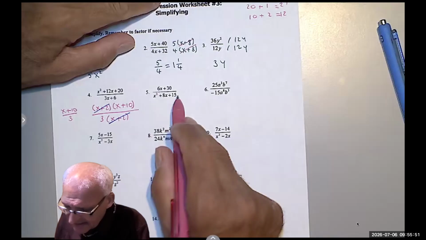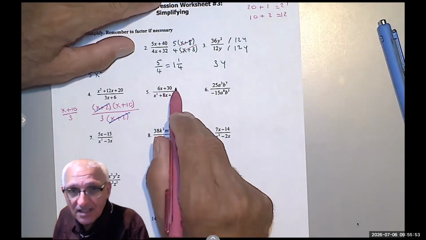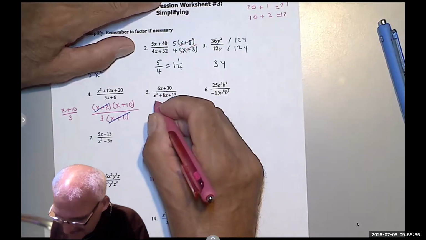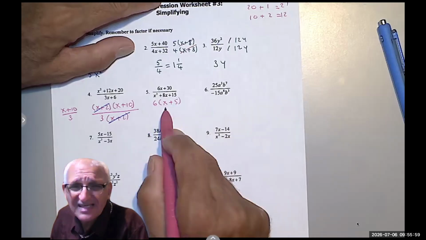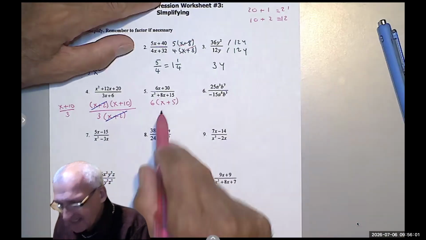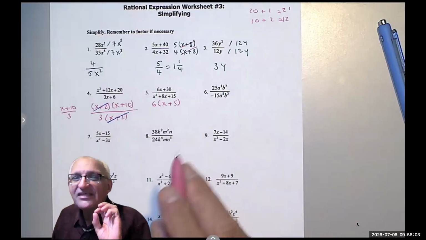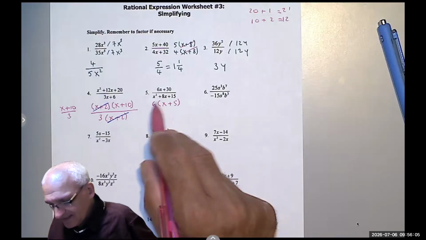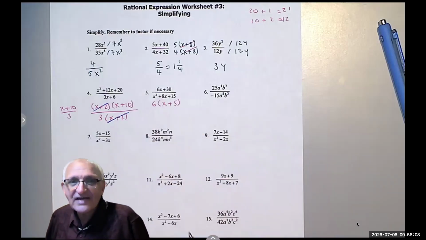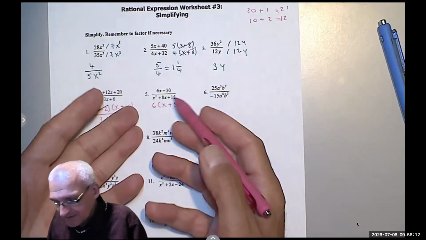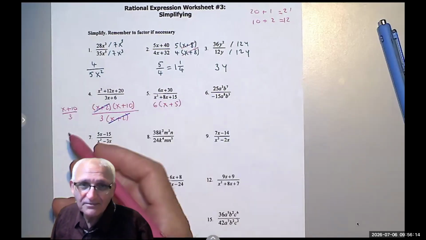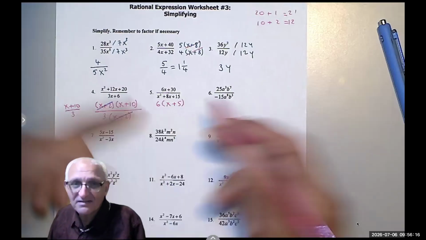Okay, when I go to the second one, I have 6 and 30. I can simplify that as 6 times x plus 5. Usually in these types of problems, when you see x plus 5, it's like giving you a hint that I can factor one of these factors when I take this trinomial would be x plus 5. You see that two numbers that multiply to 15 and add up to 8, if one of them is 5, the other is 3.